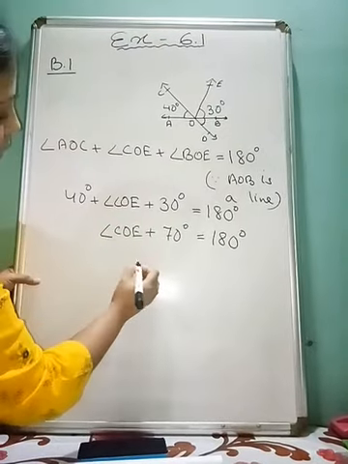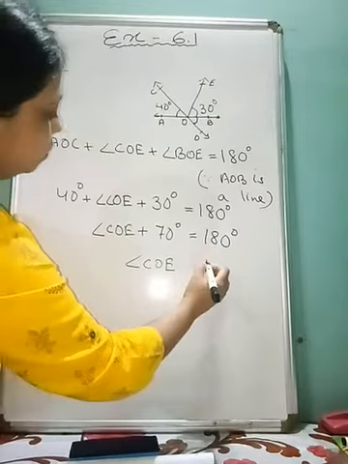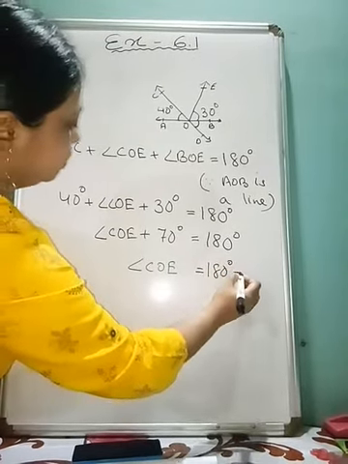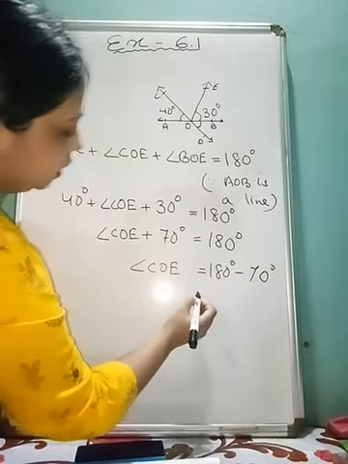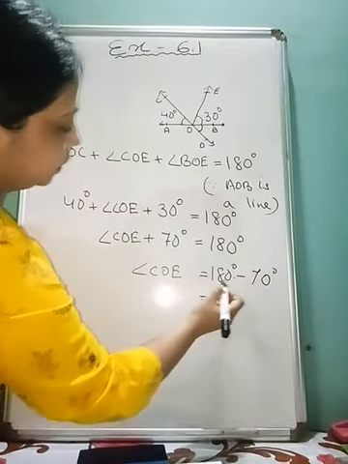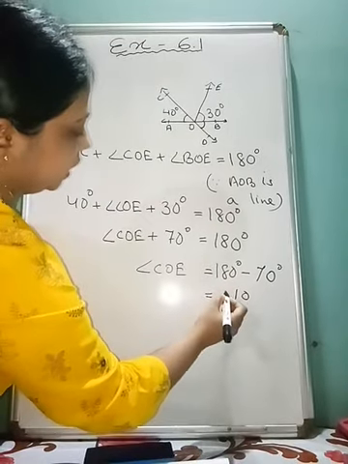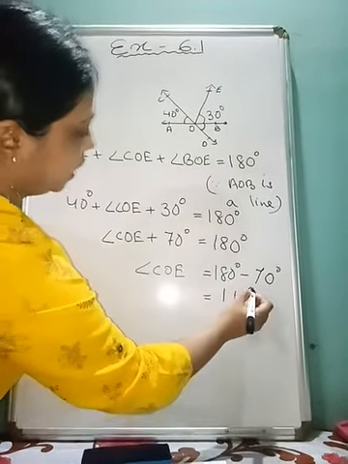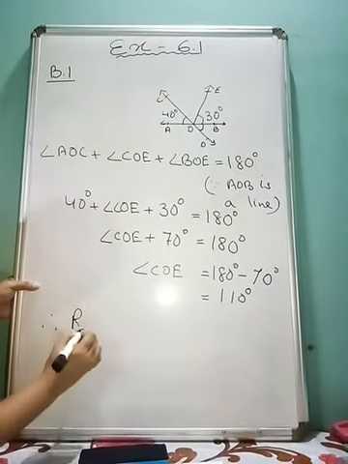So we will say from here angle COE is equal to 180 degree minus 70 degree. So that is equal to 110 degree.